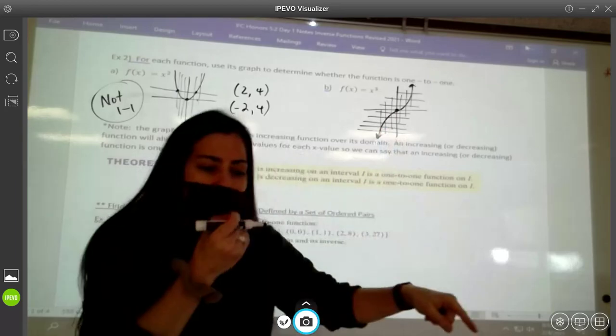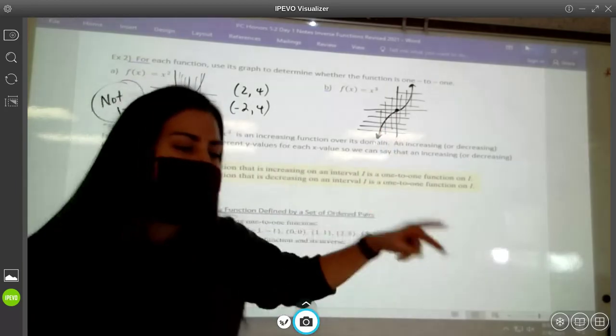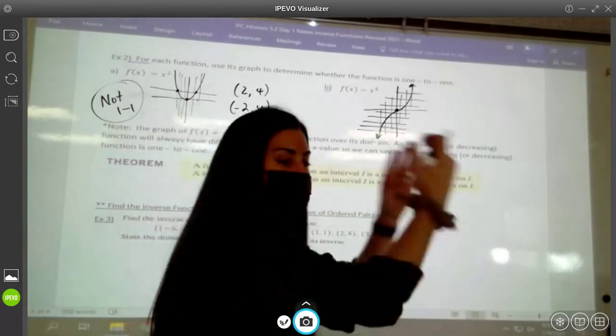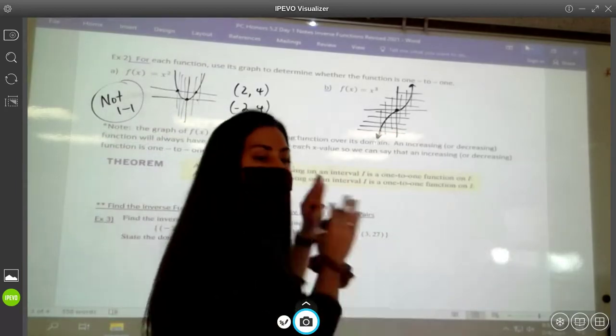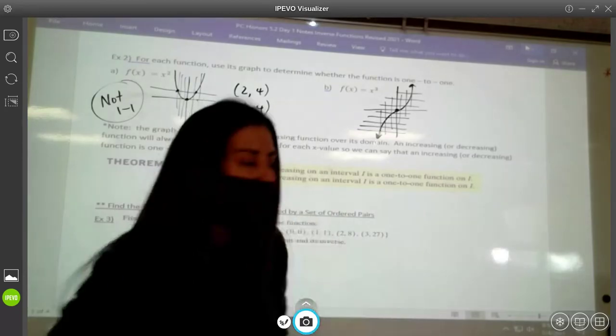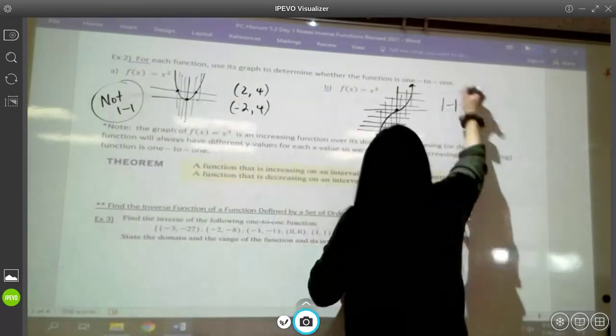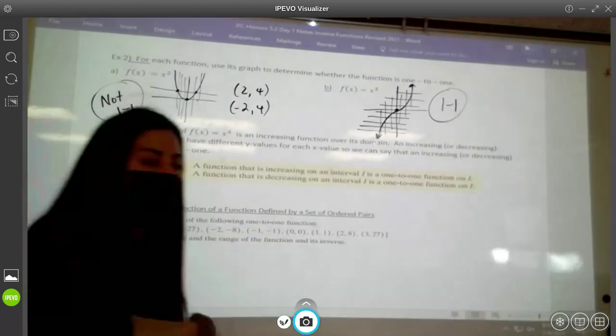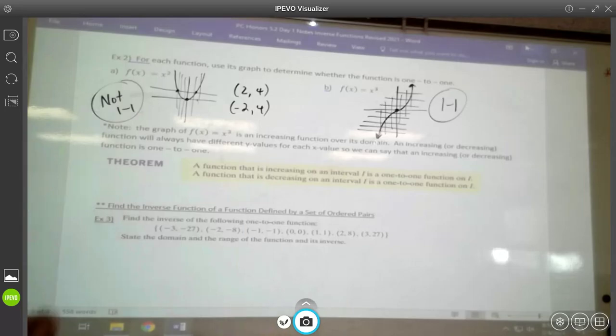So that's proving that the y values on this graph never repeat. So if I was to reverse these ordered pairs, since the y's don't repeat, they would only be able to spit out one x value in return. And that's a one-to-one function. His inverse is going to act like a function.